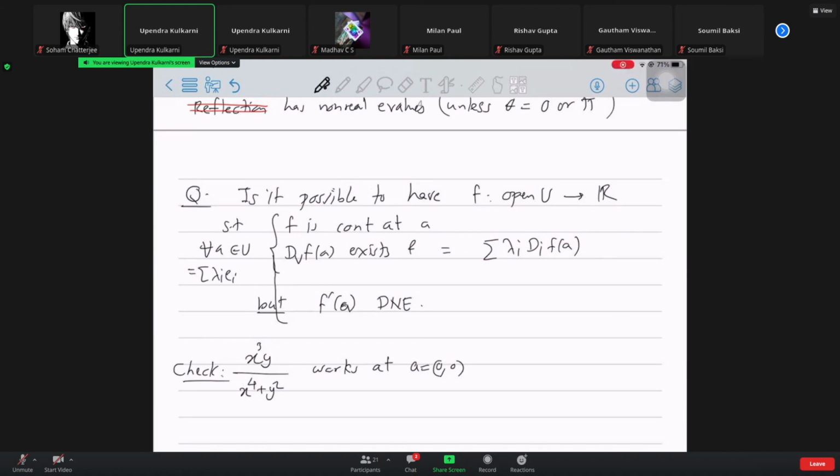But everywhere, I would like it to be otherwise nice. It is continuous, and all partial derivatives, all directional derivatives exist, and they depend linearly on the partial derivatives. So at least one partial derivative will have to be discontinuous at any given point.